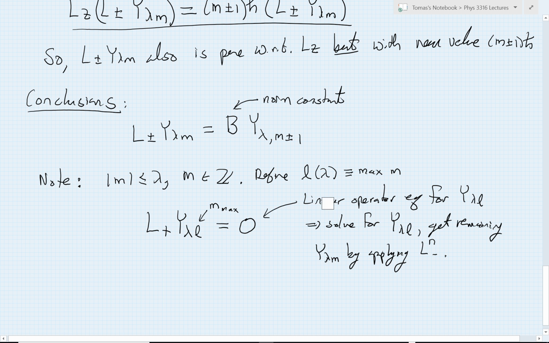So this gives us a very quick way to generate all of these spherical harmonic functions.